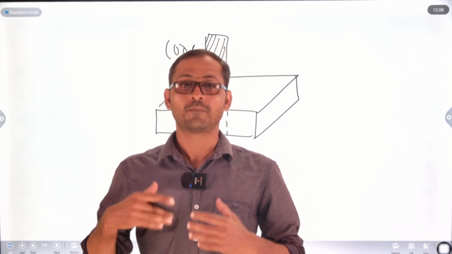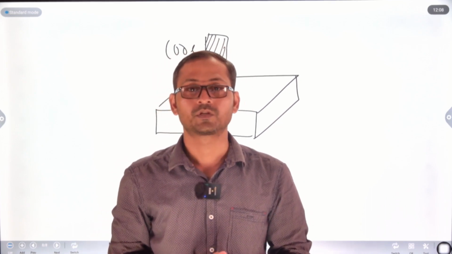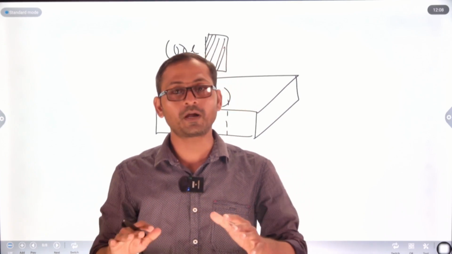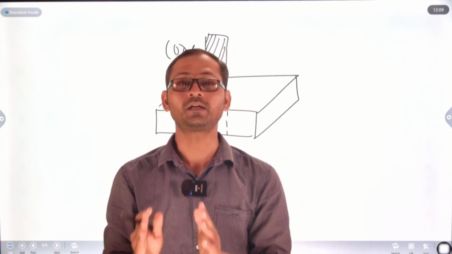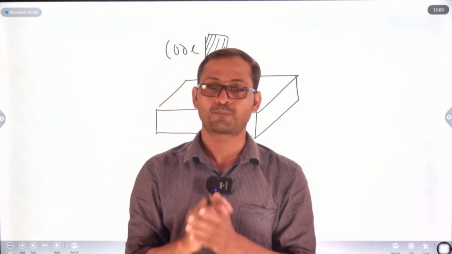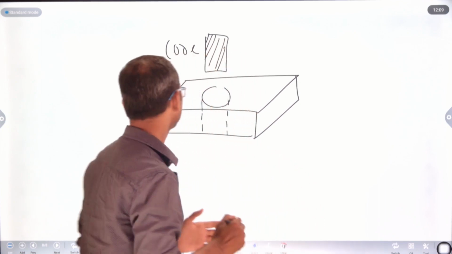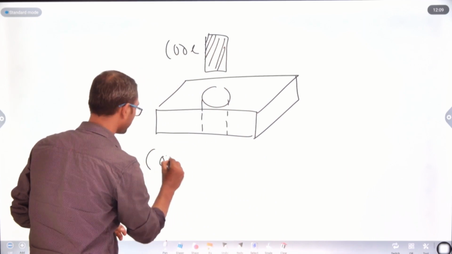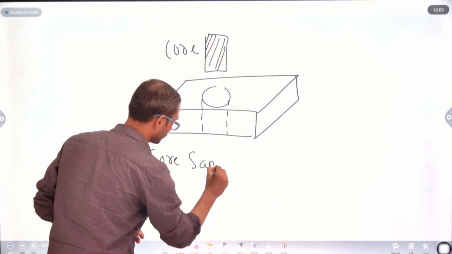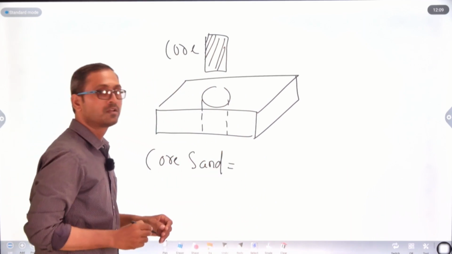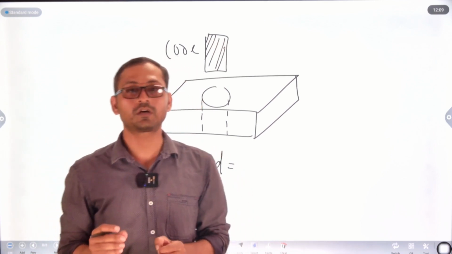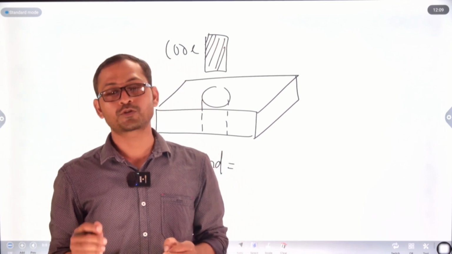So we have to prepare the core with the help of sand. Like the molding sand bed, we also have to prepare the core separately. So for the preparation of the core, what sand do we use? The core sand. What is the composition of core sand?